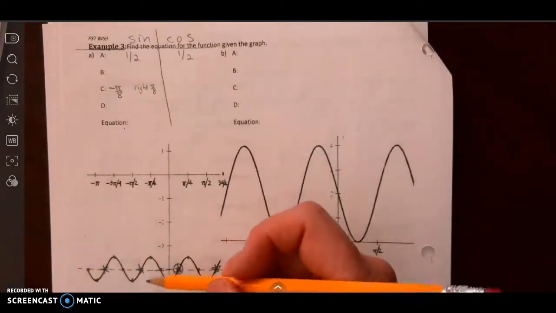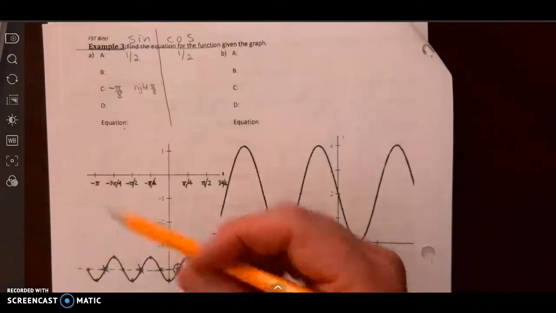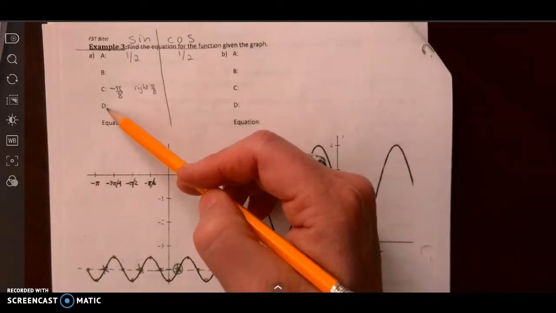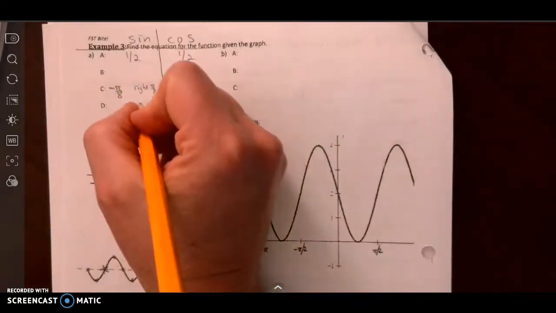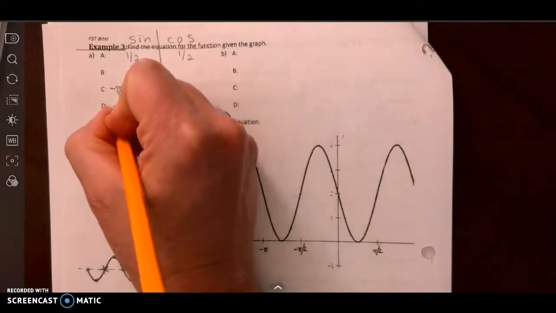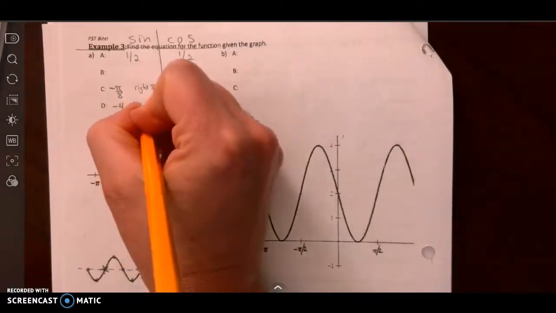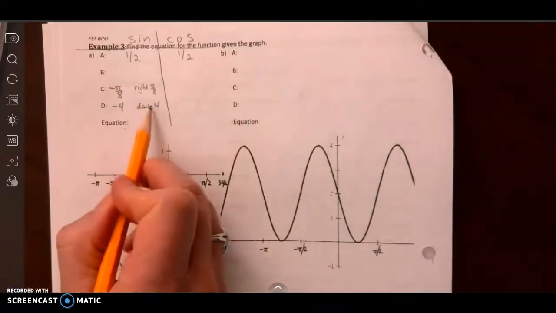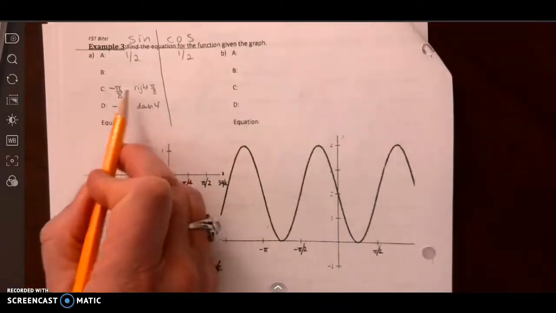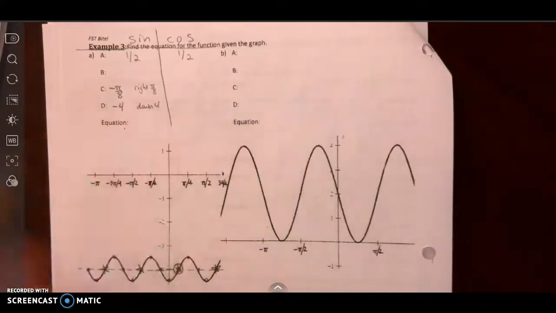The other thing I need to figure out, the D value, is wherever my axis was, and my axis was moved down 4, so -4. I want you to see that these match up, because Y tells the truth. These should always be the opposite.